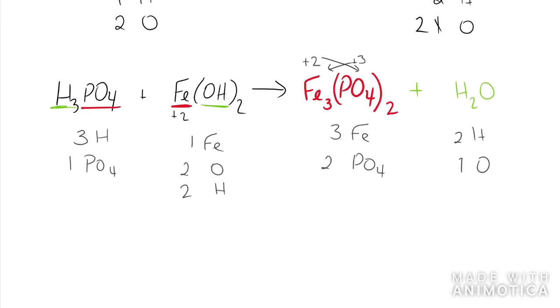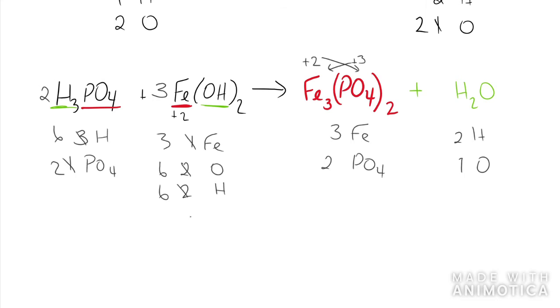So first thing we look at is our metals. So we have 3 iron over here, we have 1 over here, so we have to multiply this by 3. Then our phosphate. We have 2 phosphates on this side, but only 1 over here. Now we have to look at our hydrogens and our oxygens.